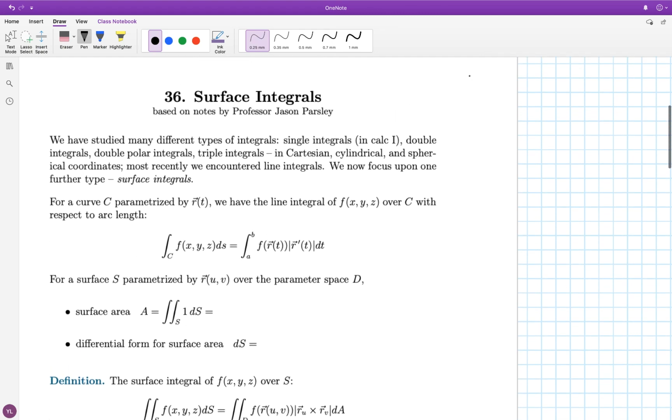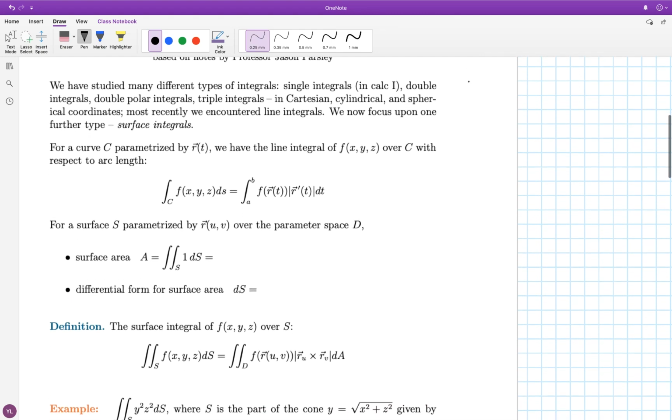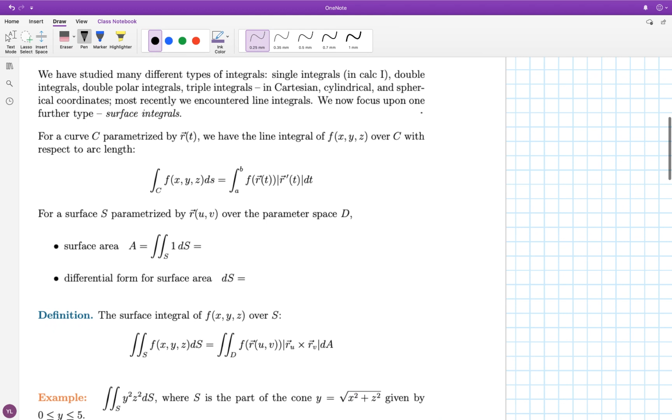So I want to talk about surface integrals in this section, and I thought I would start by running through all of the different types of integrals that we've seen so far in calculus, just to lay out some context. In Calc 1, we look at definite integrals of single variable functions, and we understand them to represent net area between the function and the x-axis over some interval.